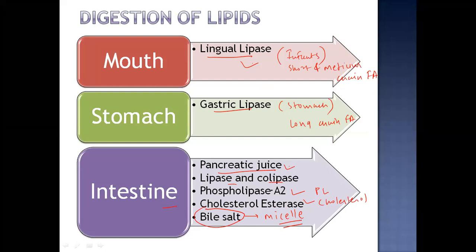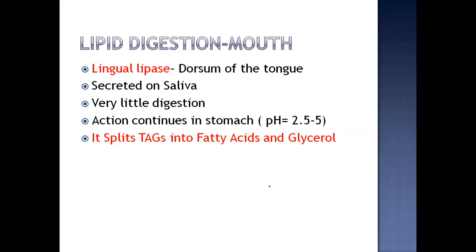Okay, fine. So first is the lingual lipase, which is released by the dorsum of the tongue. It is secreted in the saliva. So in the mouth, very little digestion of the lipid takes place. Mainly this particular enzyme gets activated in the stomach, where pH is slightly on the acidic side, around 2.5 to 4.